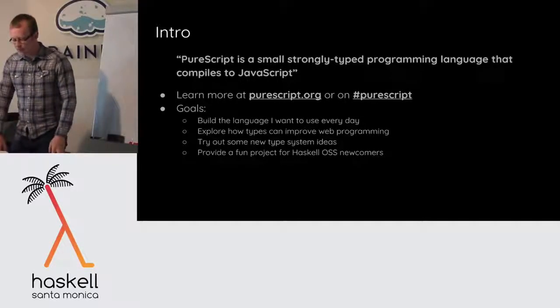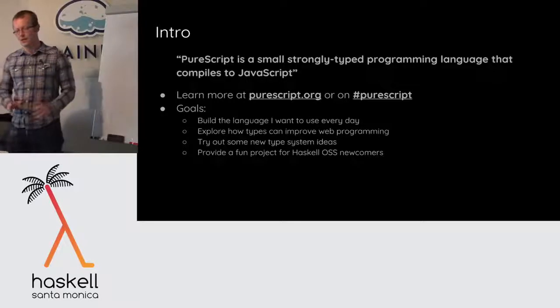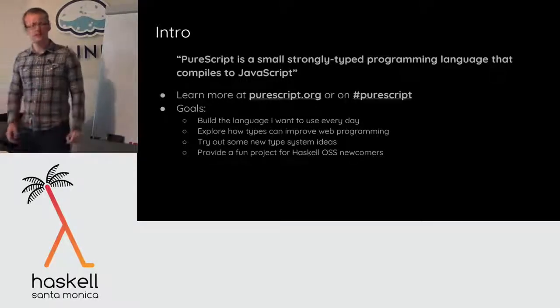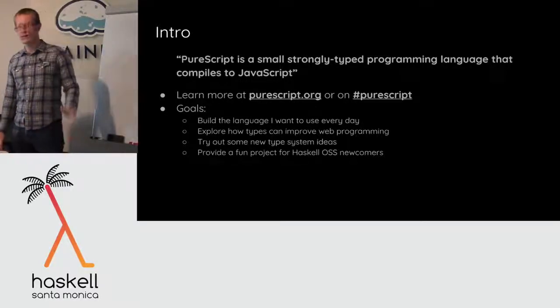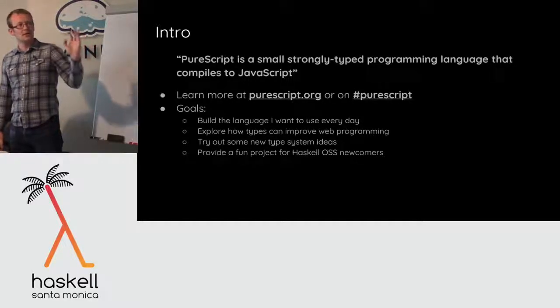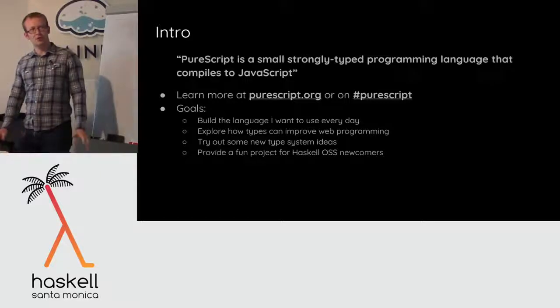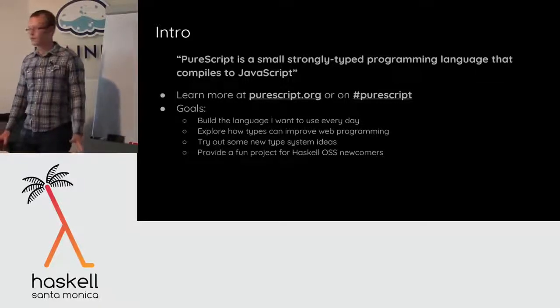I'm not going to give an introductory talk on PureScript. If you know Haskell a little bit, you'll see what's going on with the few bits of code that I have. But the very high level quick summary is that PureScript is a small, strongly typed programming language that compiles to JavaScript.